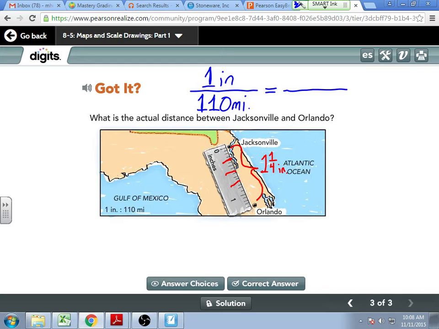If 1 inch equals 110 miles, then a quarter of an inch would be 110 divided by 4, right? And that would equal 27.5. So you kind of broke it up into 1 plus a quarter. So my 1 is 110, my quarter was 27.5.